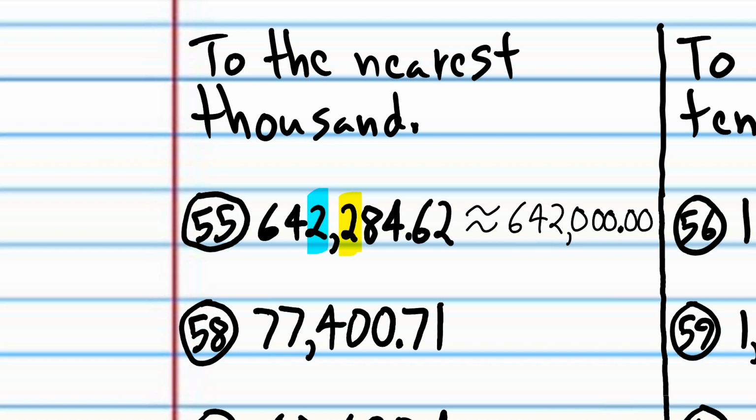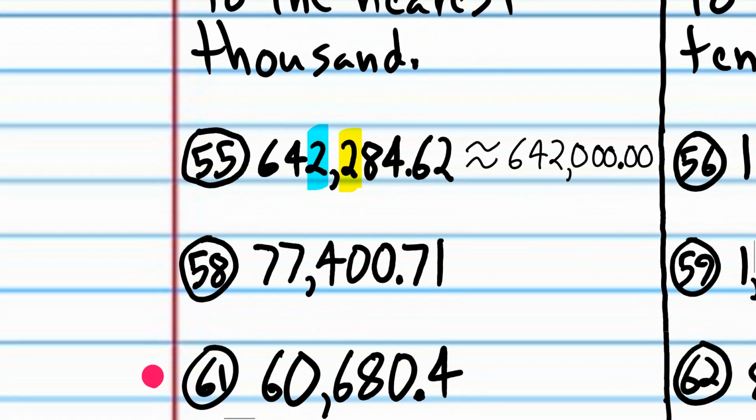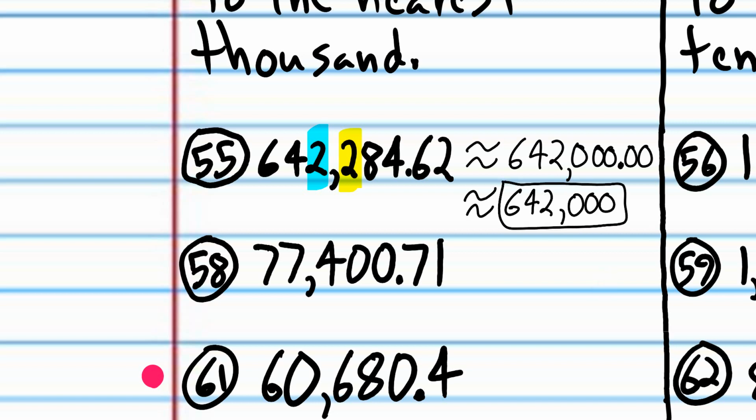But again, the zeros to the right of the decimal we can just get rid of, because they're ending zeros and they're to the right of the decimal, so your answer should be 642,000.